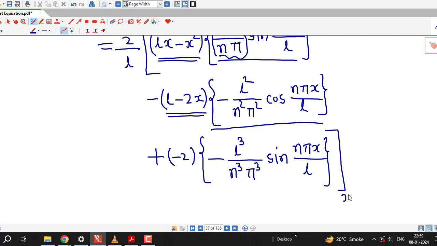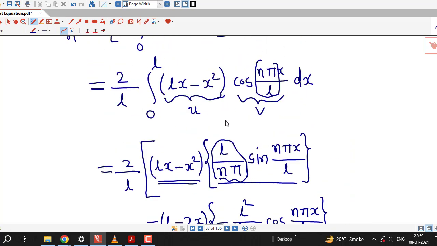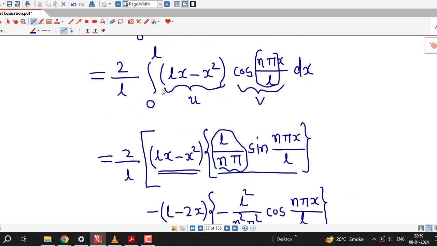Limits of integration are from x equal to 0 to L. In the next step we have to write the derivative of this, but that is going to be 0. So we have this finite sum here in the integration. We have to consider that function as u whose derivative is 0 after some finite number of steps.